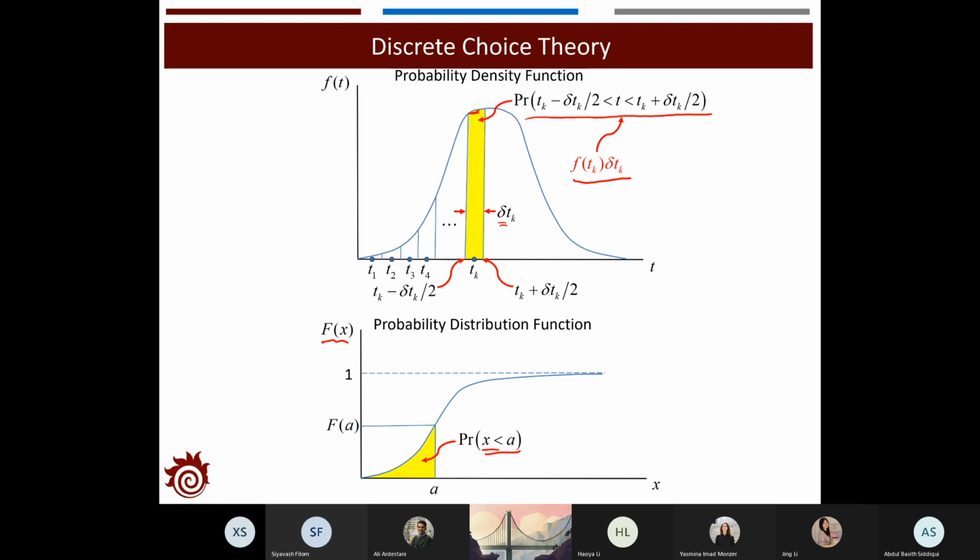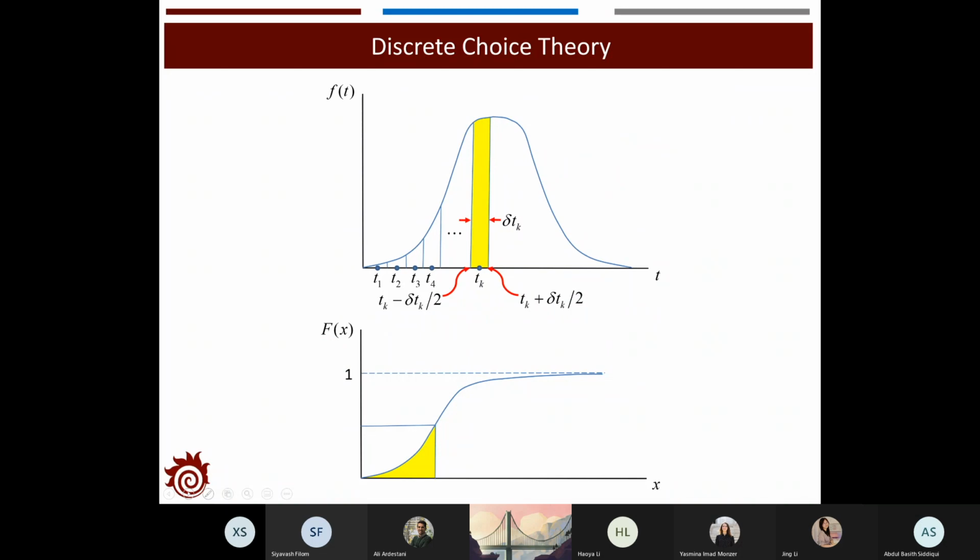Now we're going to use these two fundamental definitions from probability theory to find out the probability of choosing the mode, or the alternative I, from J different options.